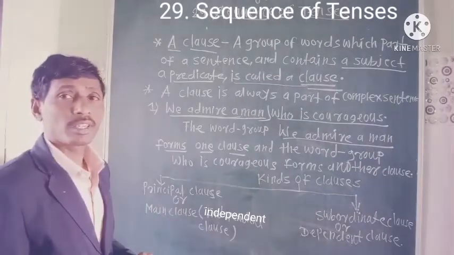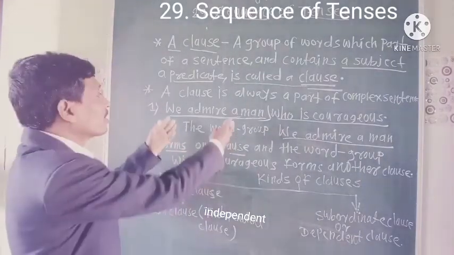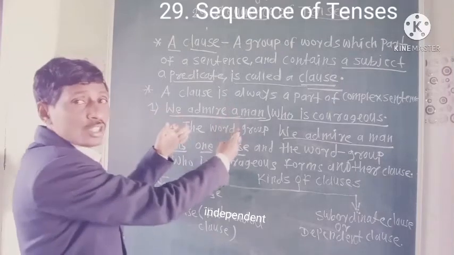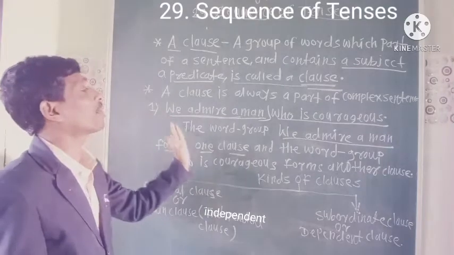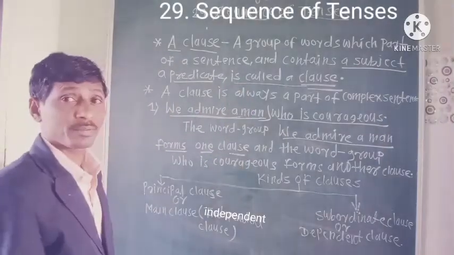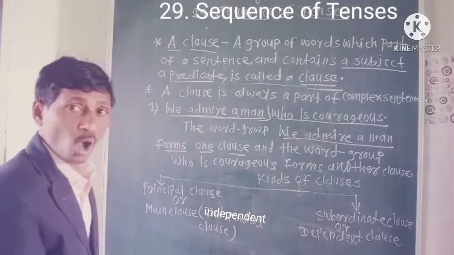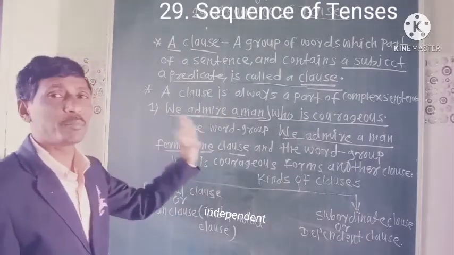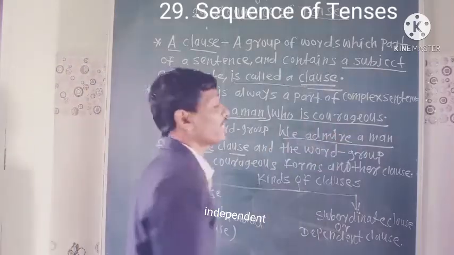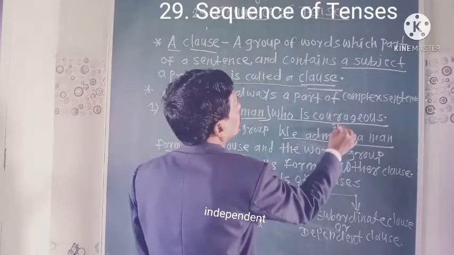We admire a man is the principal clause. This clause is independent. It is not dependent on another, so we call it the principal clause, or main clause. But who is courageous is called the subordinate clause.